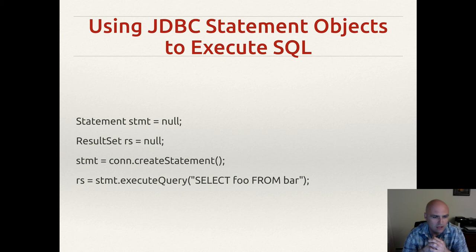And now I use an executeQuery method on that statement object to pass in a query. It's just passed in as a string here. Select foo from bar, right? So we're assuming we have a table bar with an attribute foo that we're going to select. And if it had 10 tuples in it, I would get back in that result set 10 different results for the attribute foo. And that's what I would expect to come back.